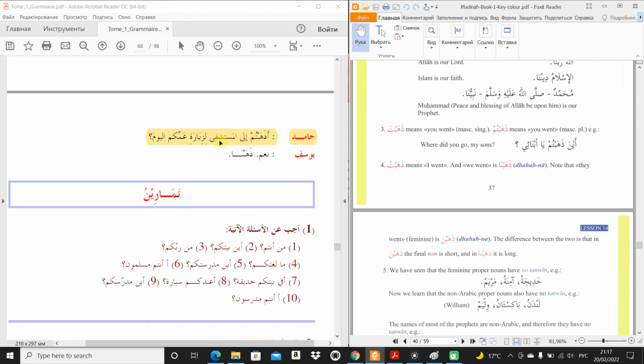When we translate it into English, we will say, did you go to the hospital today to visit your uncle? And Yusuf says, نعم, yes, ذهبنا. We went, or we did. And again, ذهبت means I went, but ذهبنا, it means we went.